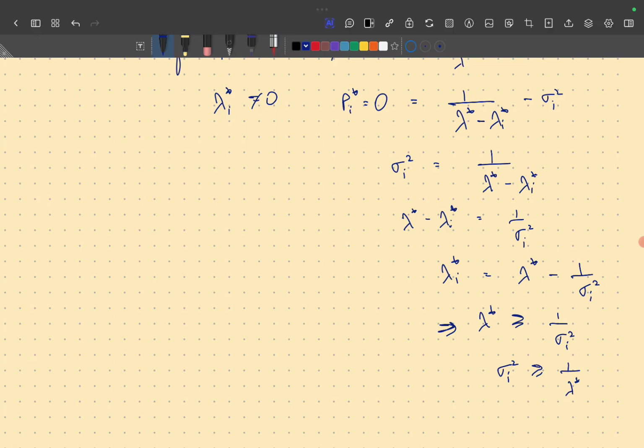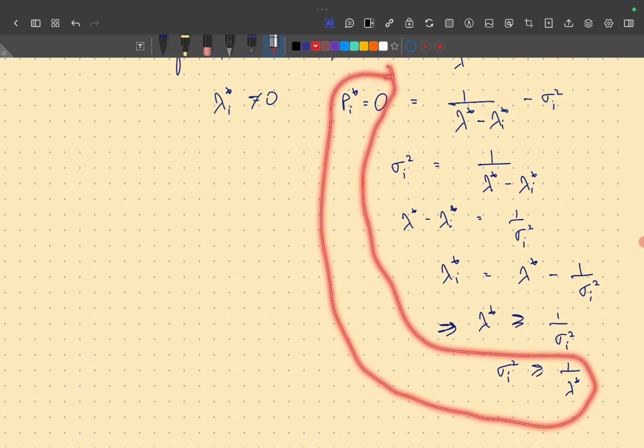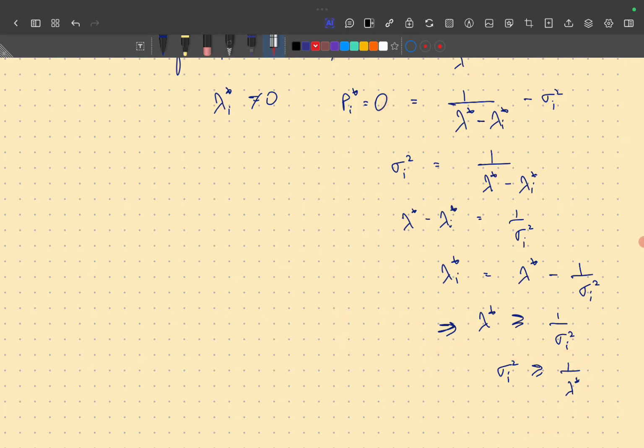So what this is basically telling us is that if your noise variance is too large, above a certain threshold, then you should allocate 0 power to that particular subchannel.